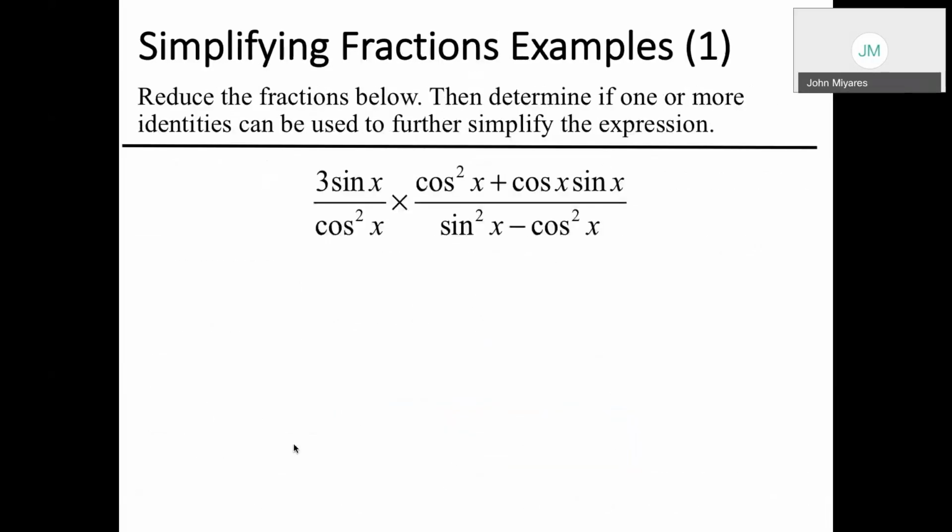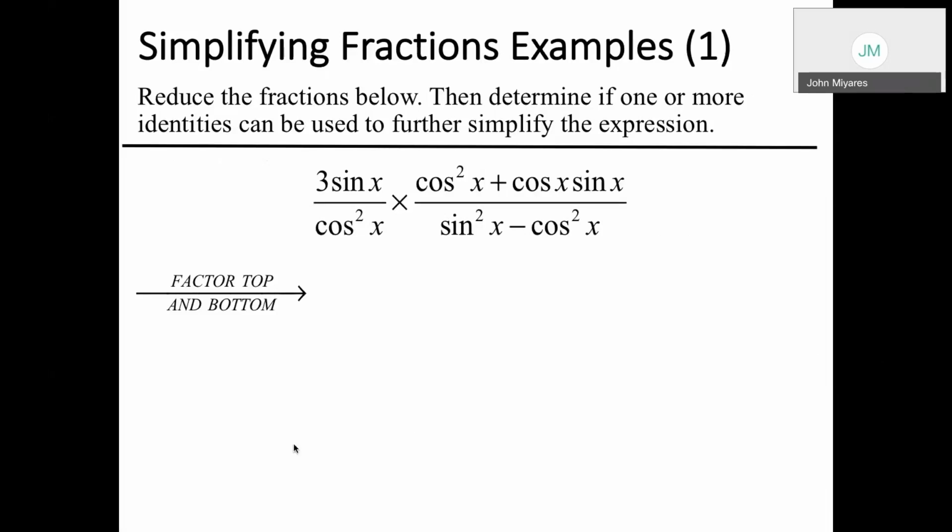Now let's look at some where you're simplifying fractions. Let's say what I've got here is this expression with two fractions multiplied by each other. In the fraction on the right-hand side, we can factor out the cosine of x as a common factor out of the top, and we can factor the denominator as a difference of two squares.